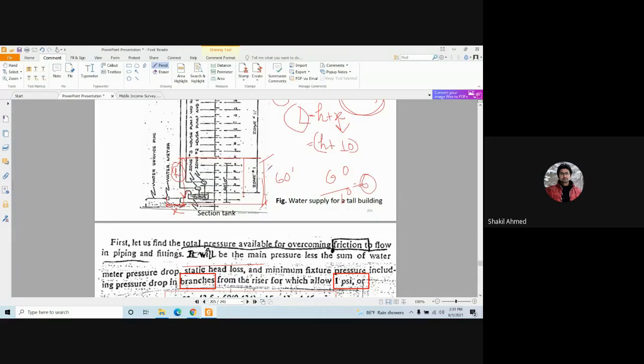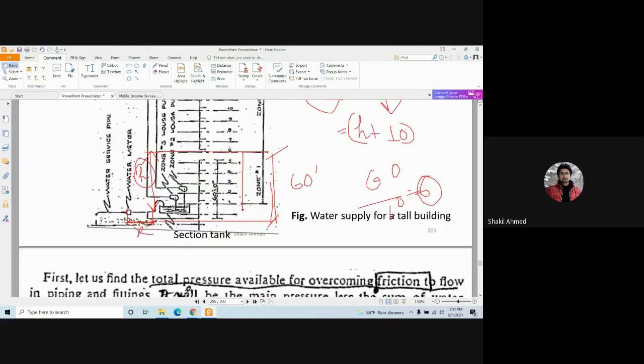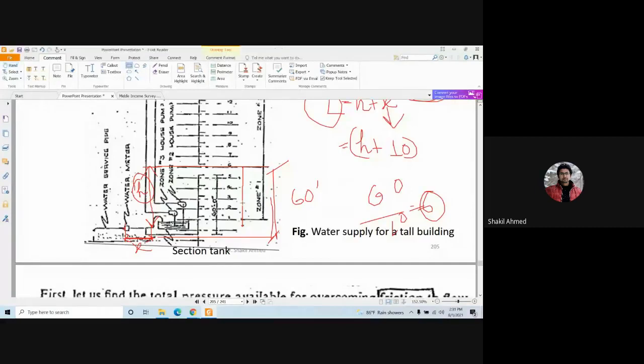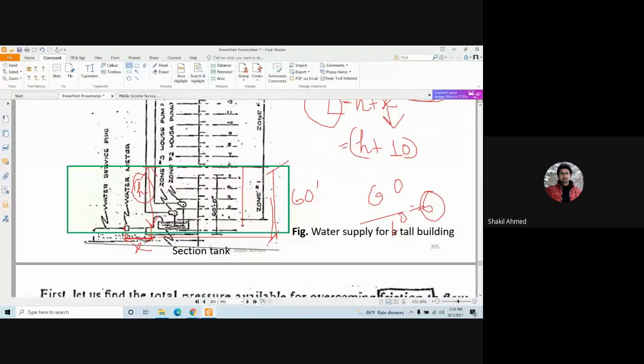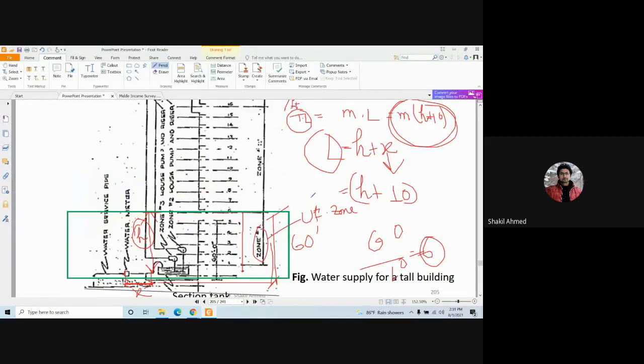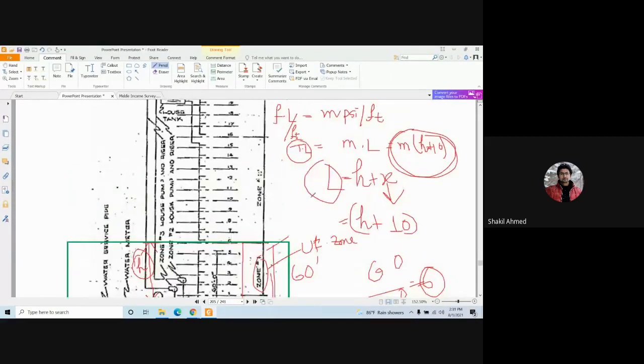So that's why you see here zone one. Your zone one is limited up to this. You cannot go beyond this with this main pressure. So this is your upfeed zone. Zone one is the upfeed zone. Clear?